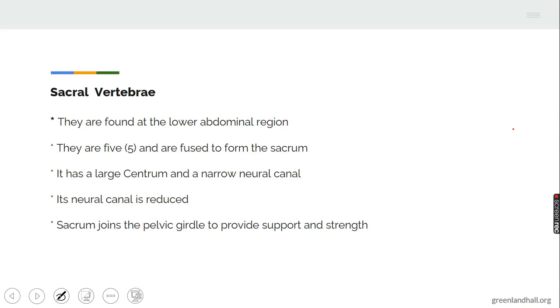Sacral. The sacral vertebrae are found at the lower abdominal region. In man, they are 5 and they are fused together. It has a large centrum and a narrow neural canal.